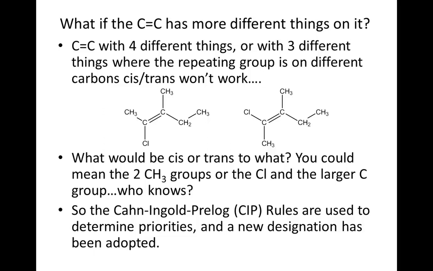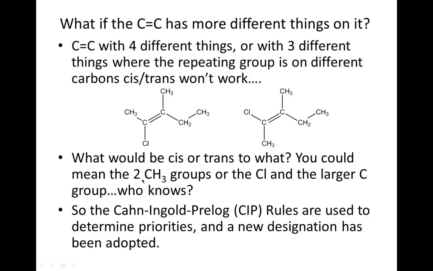And remember what we mean when we talk about 4 different things. It doesn't necessarily mean just carbon. You may have to look a little bit further to see if they're truly the same things. And we talked about that a couple chapters ago. We talked about the Cahn-Ingold-Prelog rules for determining priorities. We're going to use those again to determine the priorities around the double bond.